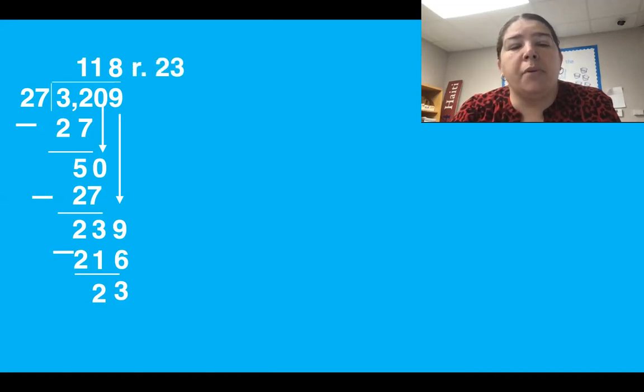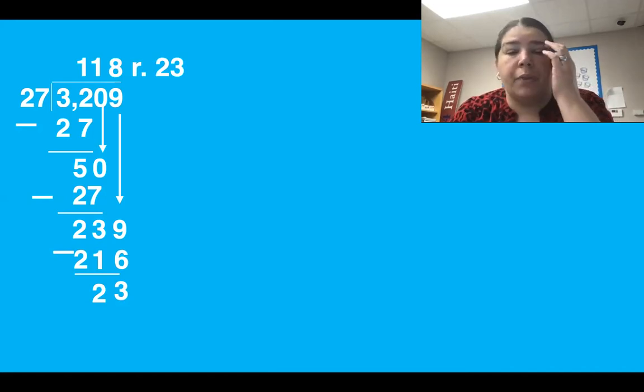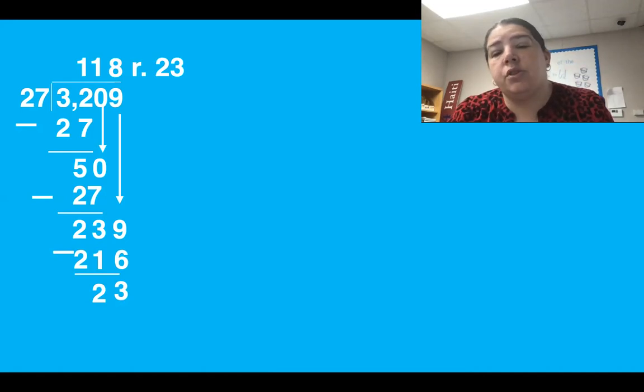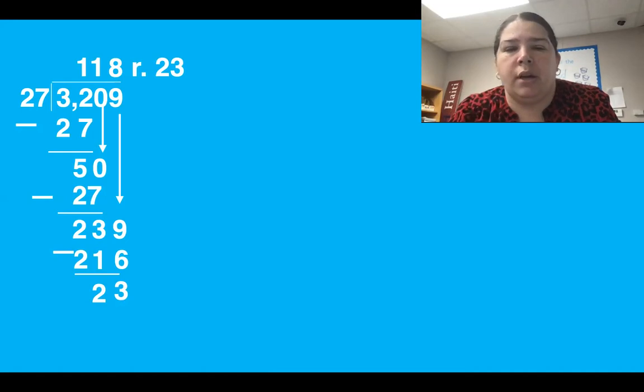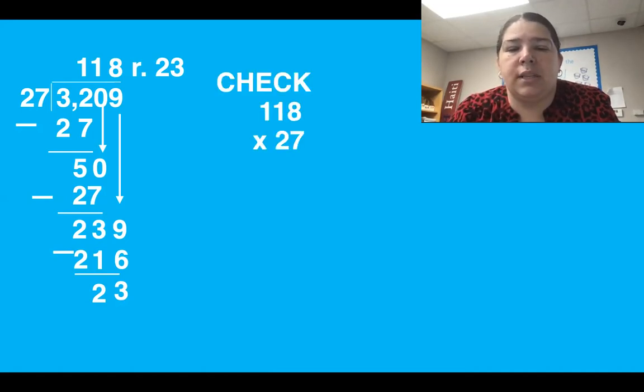Very good. Remember to put that remainder up on top with your answer, because I saw this on the test last week. If you just give me the answer is 118, that's incorrect. The answer itself is 118 remainder 23. Even though you have the 23 on the bottom, you need to bring it up and put the little R period, okay? And then you check 118 times 27. Oh, that came in the wrong order.